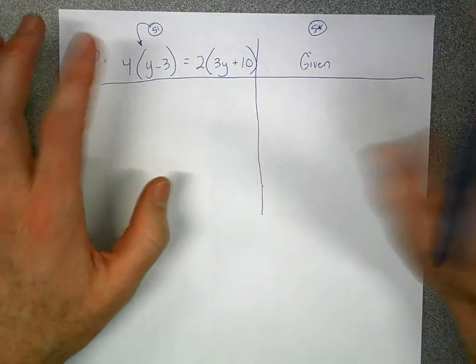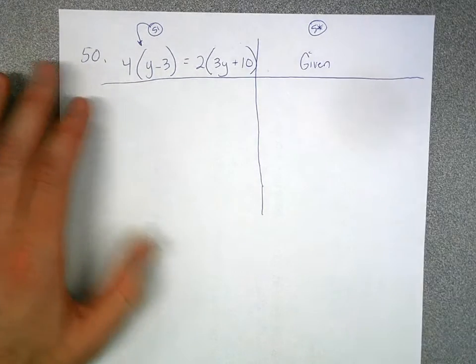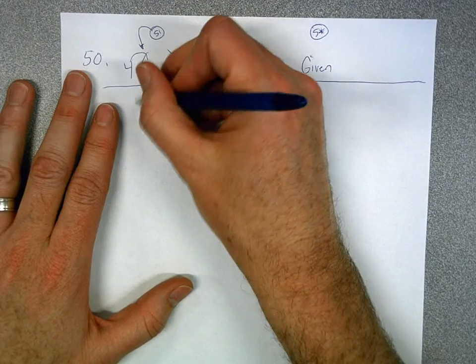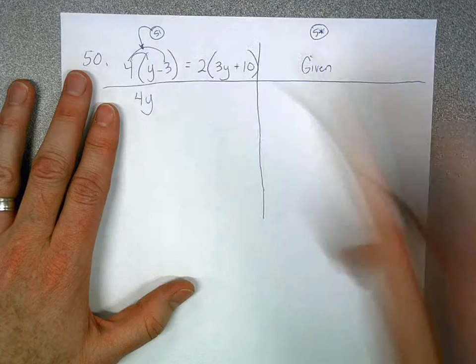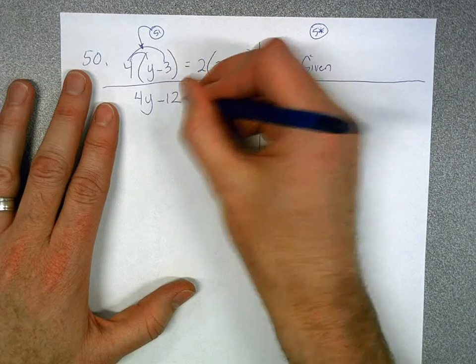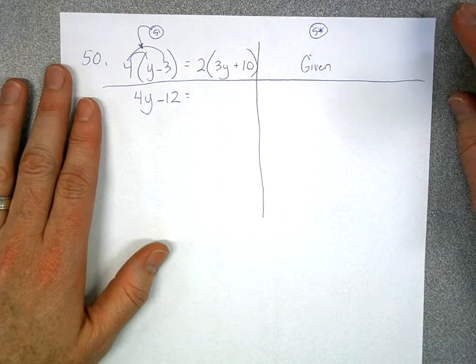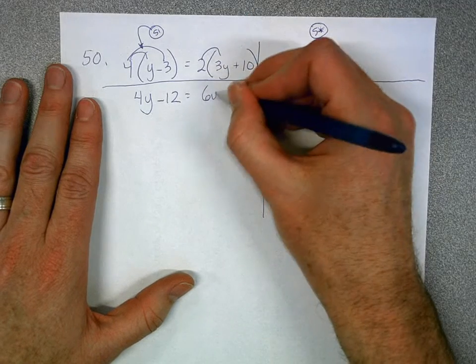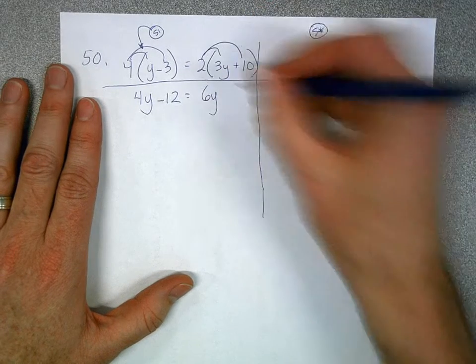So I'm going to go 4 times y is 4y. 4 times a negative 3 is negative 12. I'm even going to do it to the other side at this point. 2 times 3y is 6y. 2 times a positive 10 is positive 20.